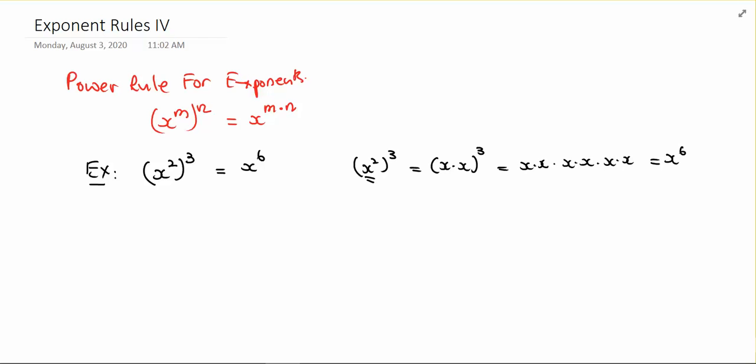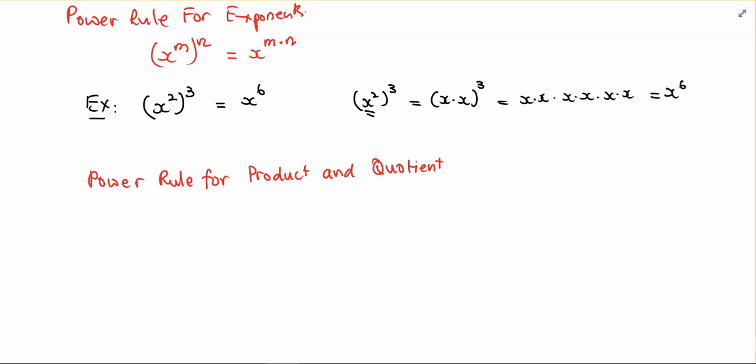The next rule is the power rule for products and quotients, if you want to combine those. The power rule for product and quotient says the following.